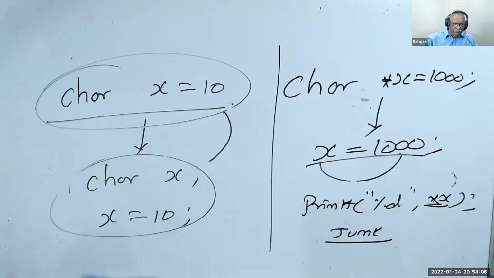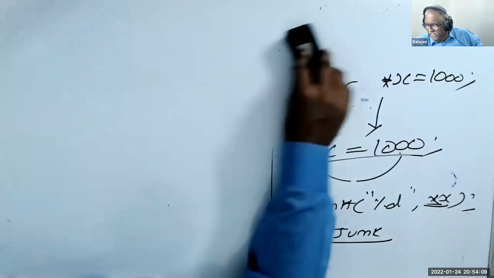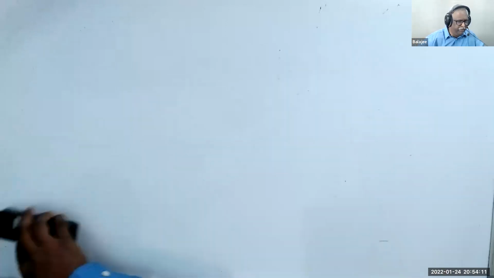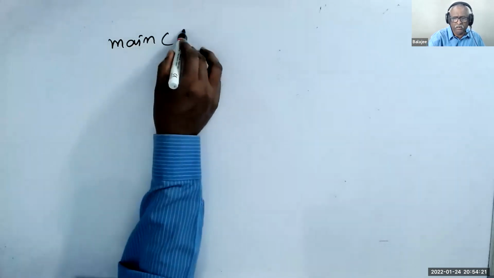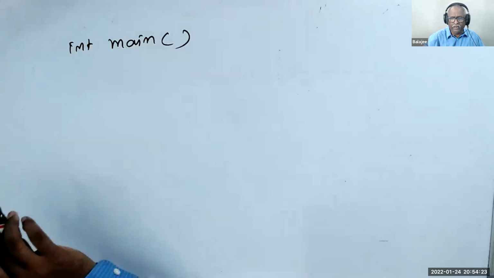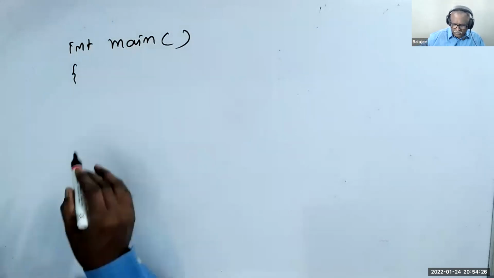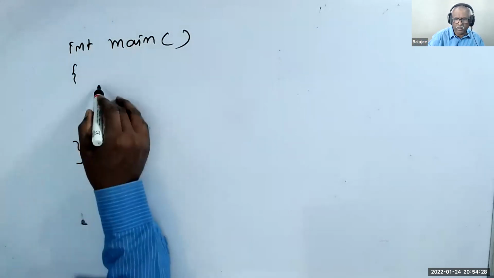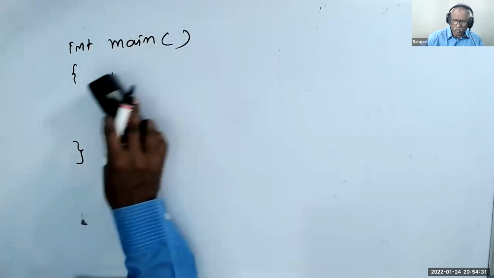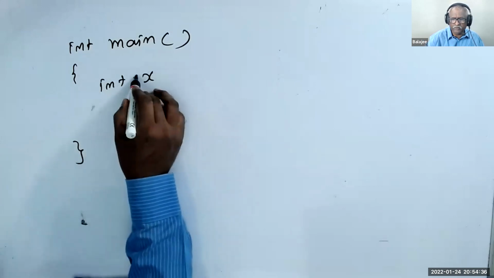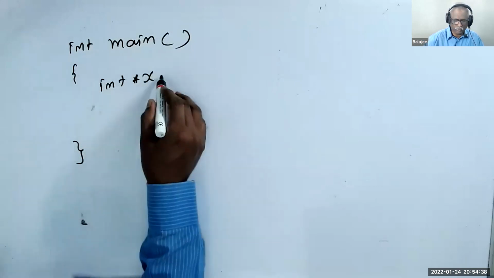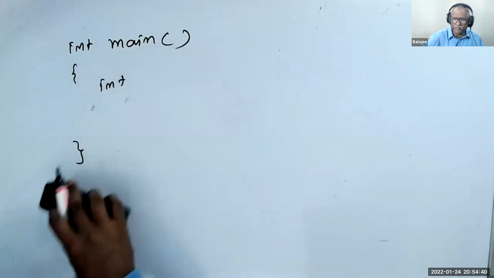So I'll give you one important thing now that we'll discuss later in a very elaborate way. But I'll give you the idea now, because this may help some of you to write programs. If I say now a function main, then I write a program: int star x or int x.